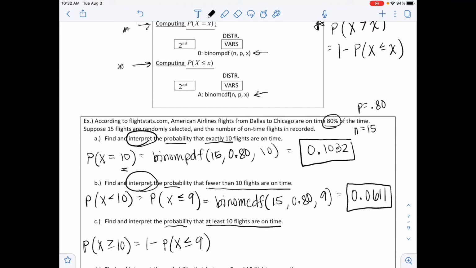And so we can go ahead and plug this in on our calculator, or you can use what we already calculated in part B. I'm going to assume that we don't have that, and you would just type in 1 minus and then do binom CDF, and then 15, 0.80, 9.